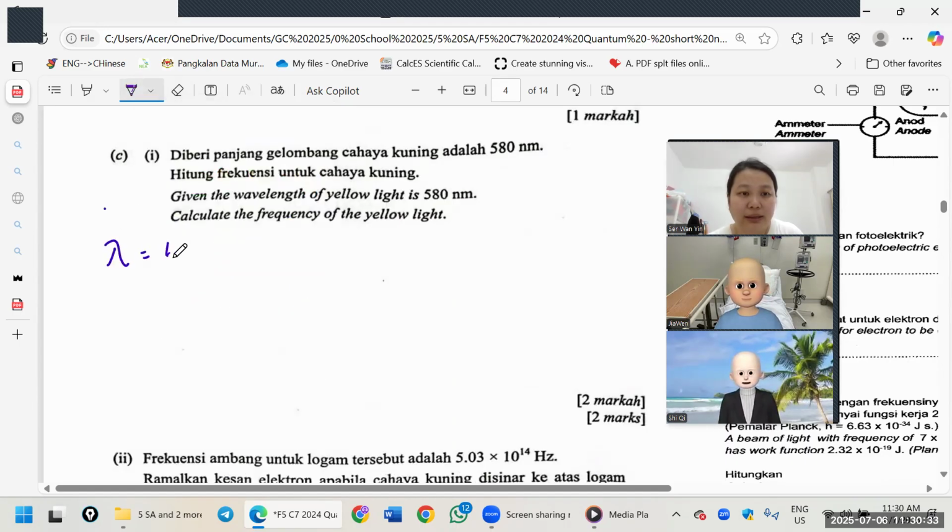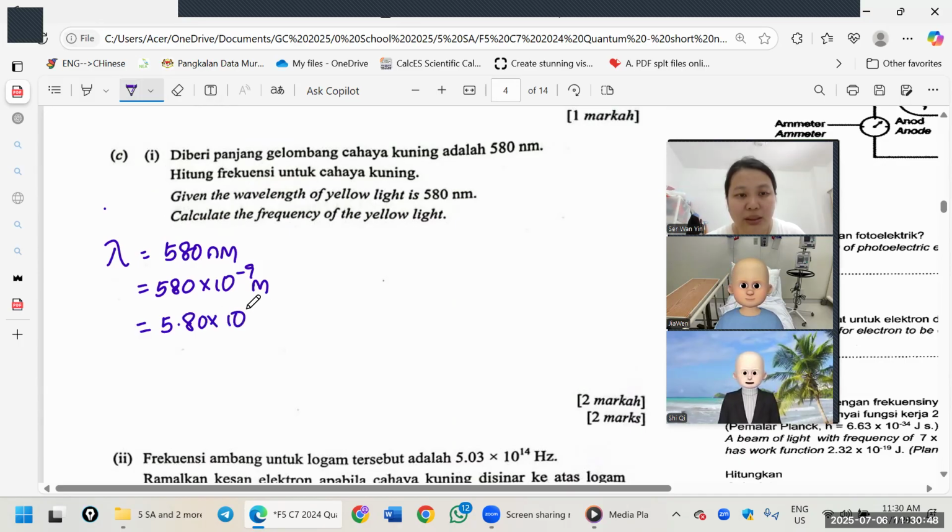All right, so now, given the wavelength lambda for yellow light is 580 nanometer, what you do is either 580 times 10 to the power of -9 meter or 5.8 times 10 to the power of -7 meter, up to you. Directly change nano. Calculate the frequency of the yellow light.